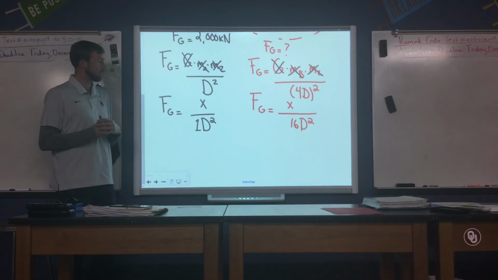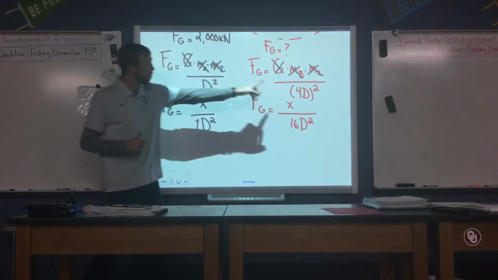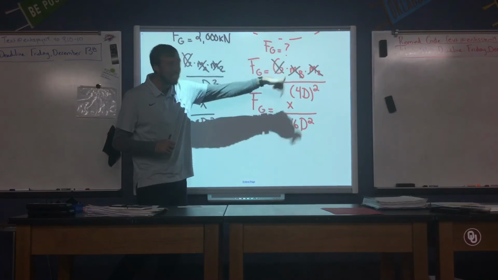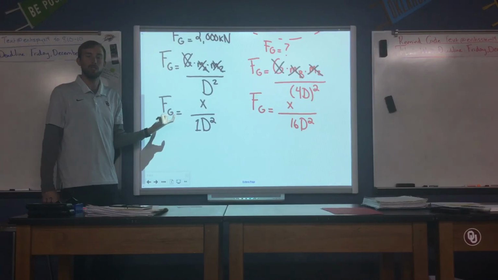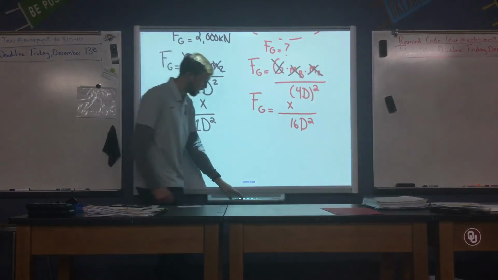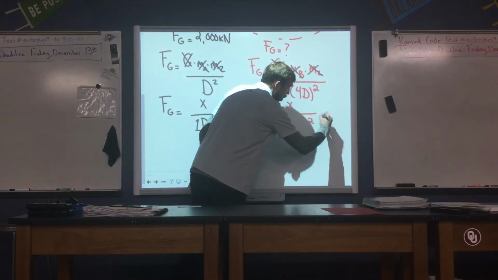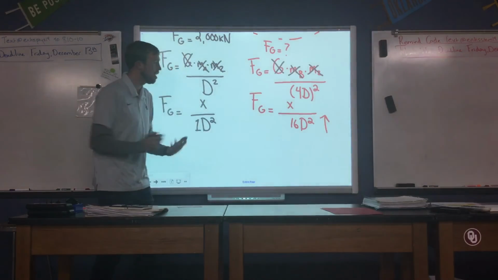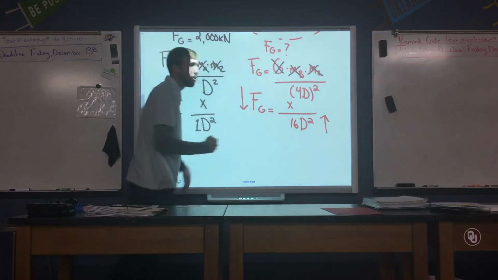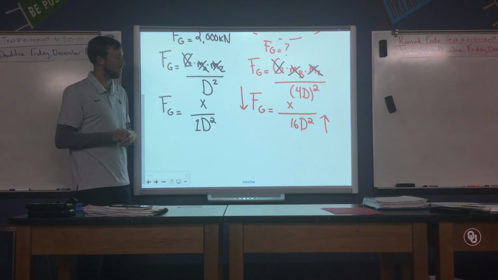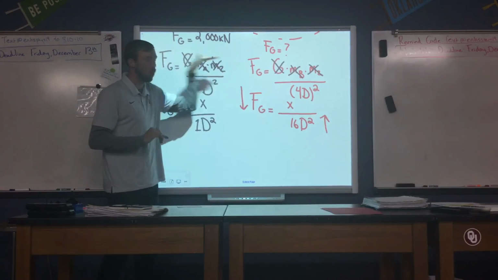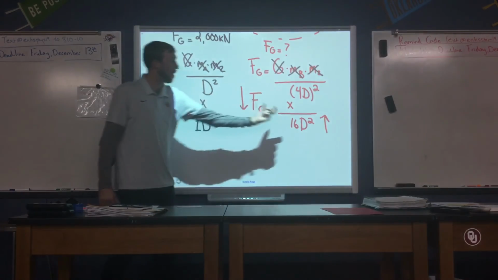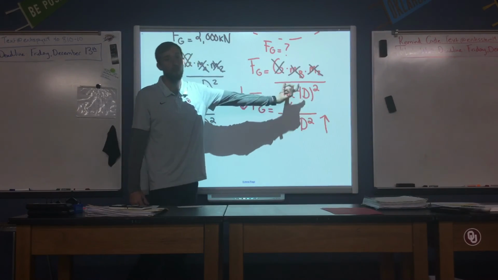So here's what this tells us. Our denominator for the equation in red is 16 times bigger than for the black equation. So if this value in the denominator is going up overall by a factor of 16, that means the force has to go down by a factor of 16. The only things that are changing here are the distances. The numerators are the same in both equations, and the way I got that 16 is by squaring the 4.